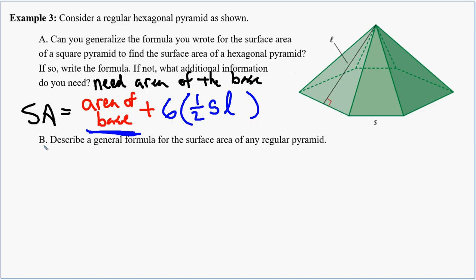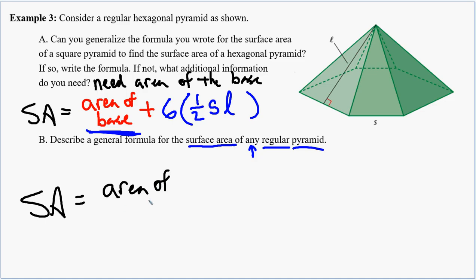And then part down there below it says B, describe the general formula for the surface area of any regular pyramid. So it's going to be similar to what we just did. Our surface area will be area of base, and that will depend on what regular polygon our base is. But if we can find the area of the base, we're going to add, now we're going to call it, let n equal number of sides.